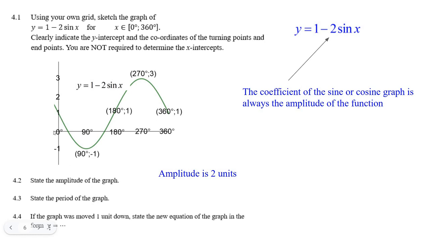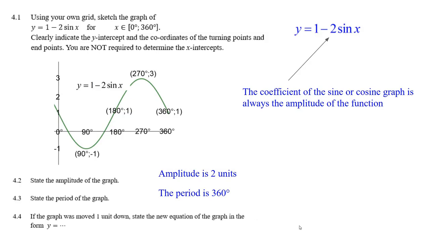What's the period? That's the number of degrees it takes to go through a complete wave. And with sine, and in grade 10, it's just always 360 degrees. Now here's one. If you want to move a graph 1 unit down, this is what you do. You take away 1 from the function.